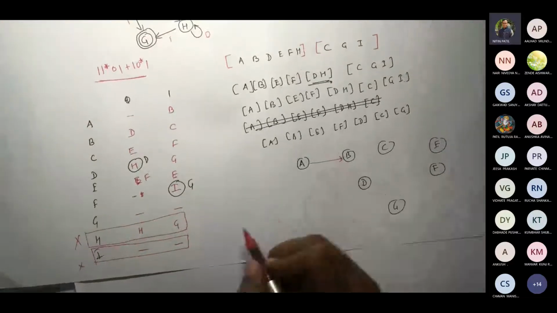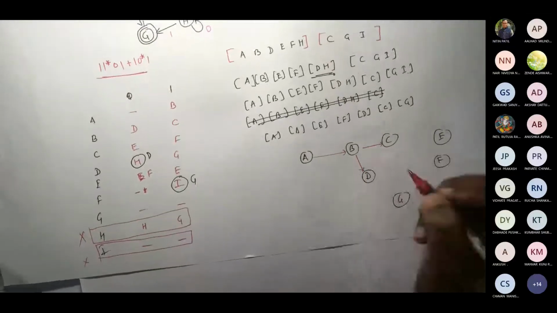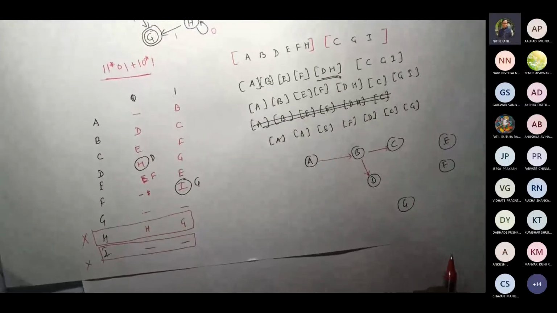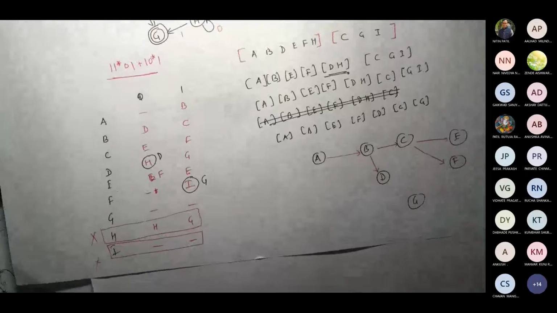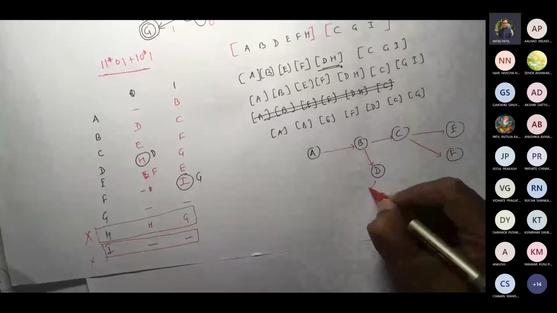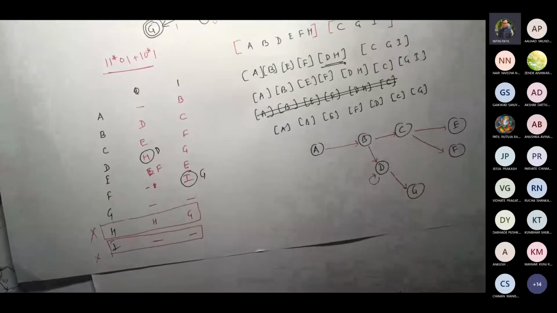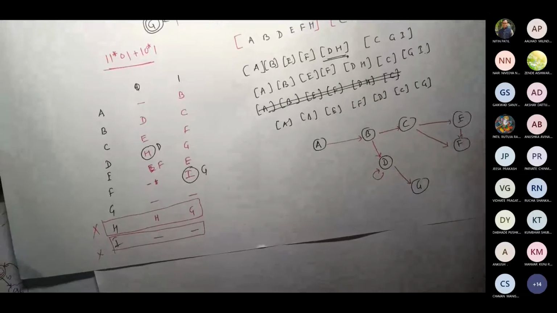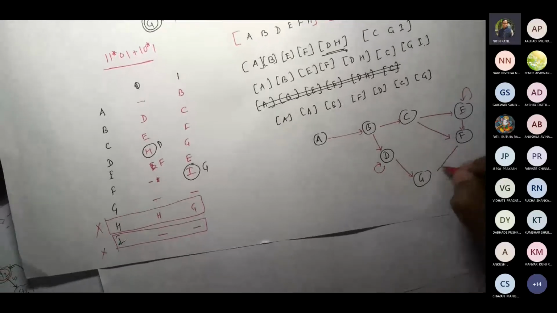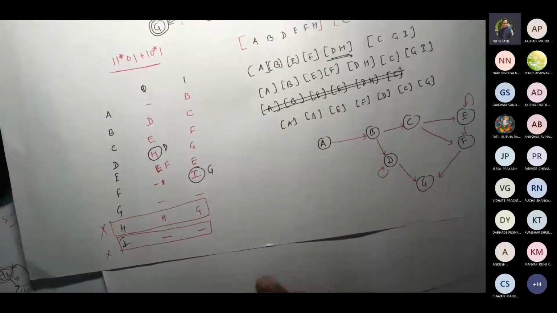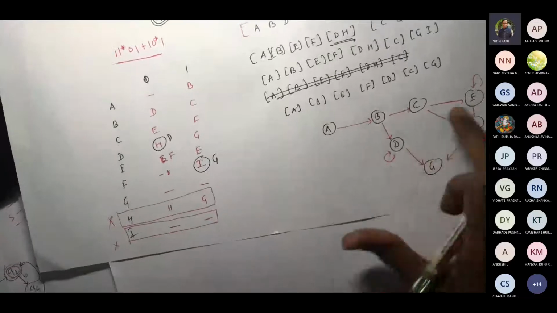For A, for B, for C, for D, for E, for F. Done. 1, 2, 3, 4, 5, 6, 7, 8, 9, 10.